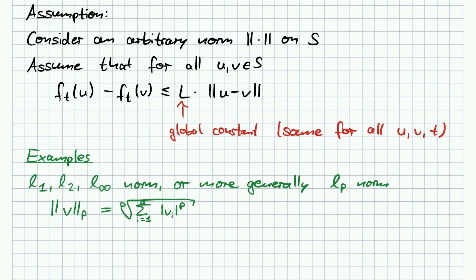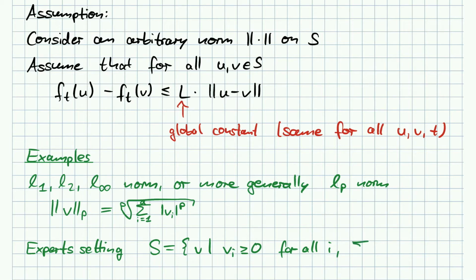And let's see what we could get in more detail for the expert setting. In the expert setting, what was the set S? The set S was the set of all vectors which are non-negative in all components and in which the components sum up to 1.